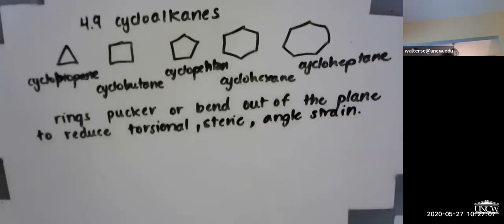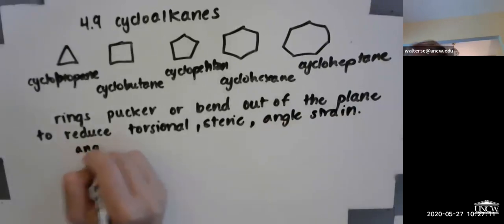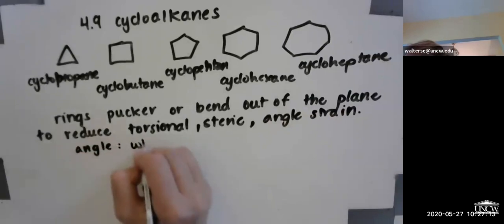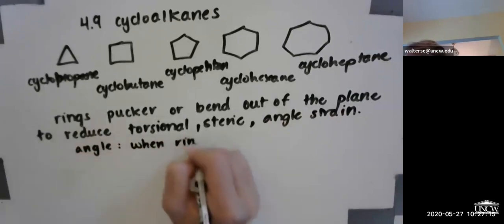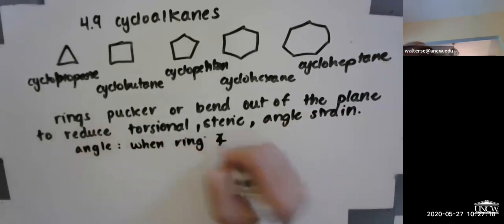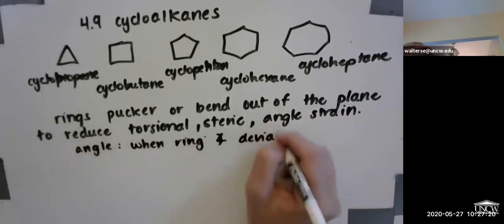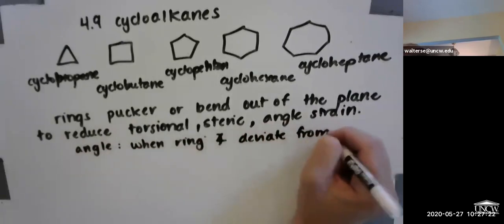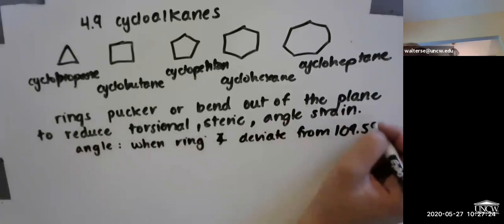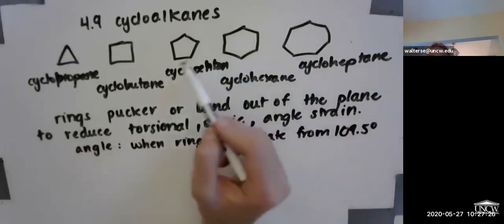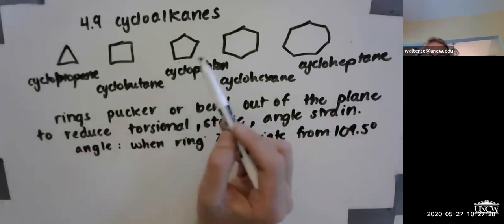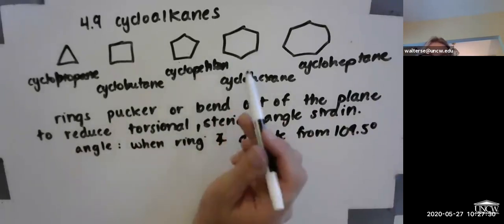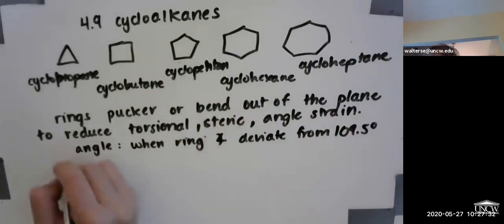Okay, now angle strain is strain in a ring when the ring angles deviate from 109.5 degrees, because all of the carbons in these rings are sp3 hybridized. Okay.